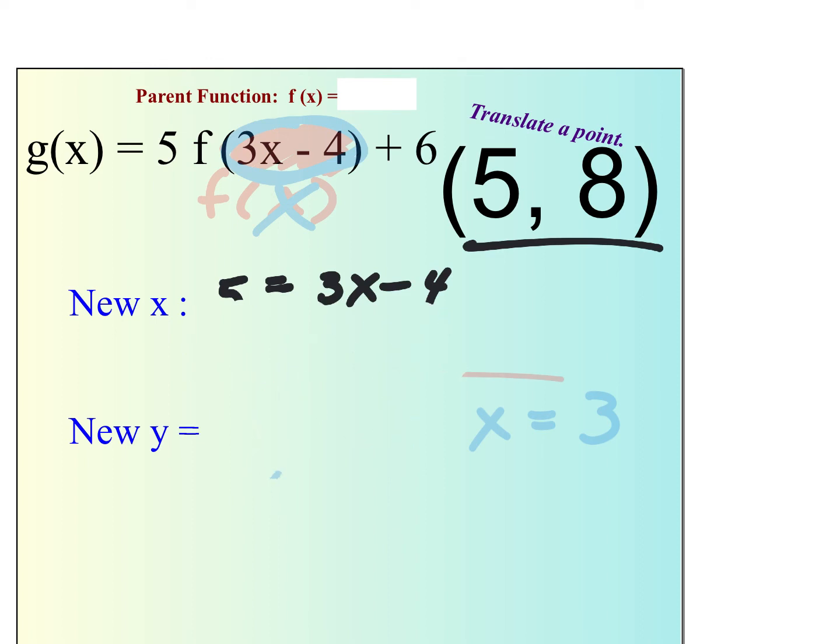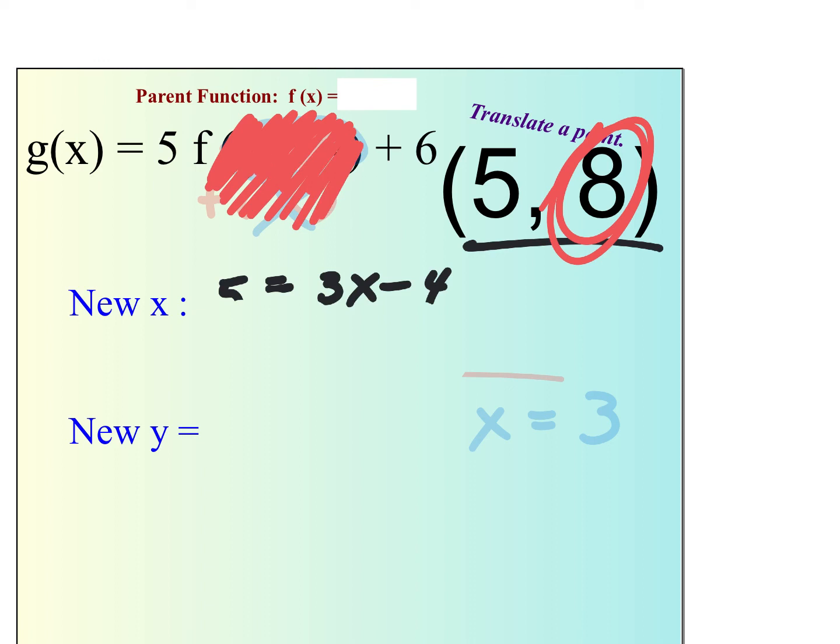All right, and now let's get the y. Would you agree the y starts as 8? So where should I put that? If this is f of x, would you agree that what I just scribbled out is supposed to be the x? You know, if I was going to say f of x, it says f, and then it says all that stuff. That's where f of x would be.